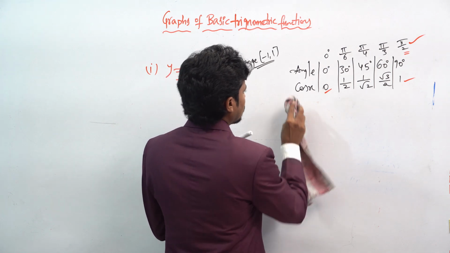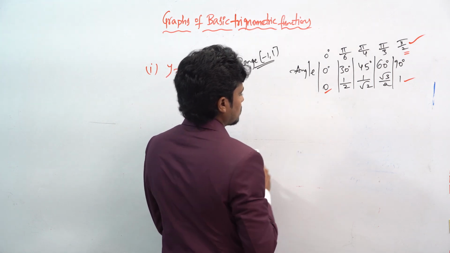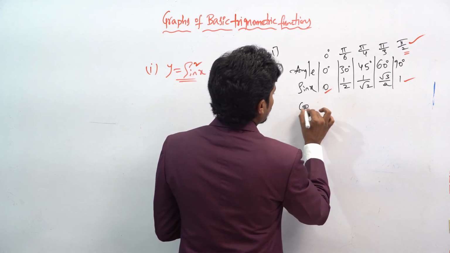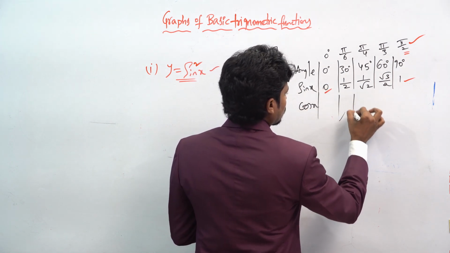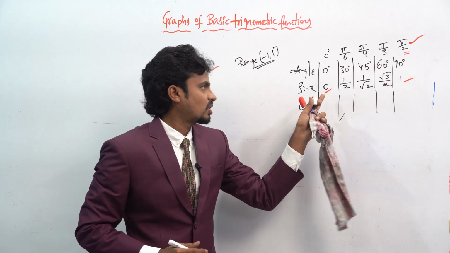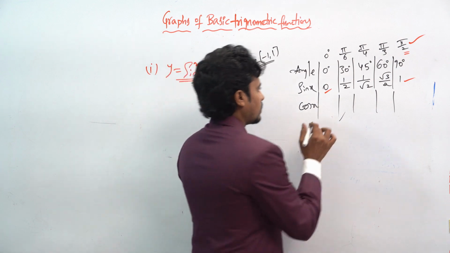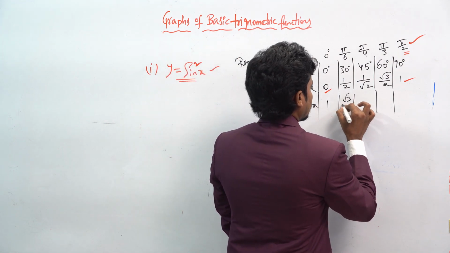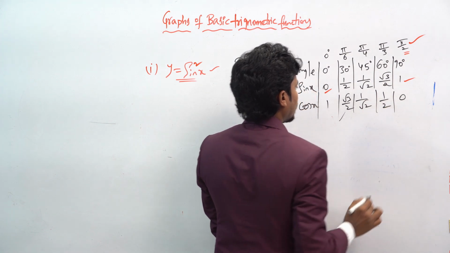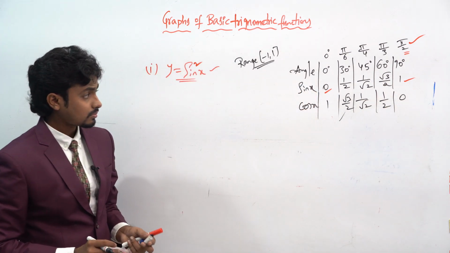For example, if you take this will be the sin x, so what will happen to the cos x? How can you write the cos x? Reverse these values, you will get the cos x. That will be 1, root 3 by 2, 1 divided by root 2, 1 divided by 2, and here this will be the 0.